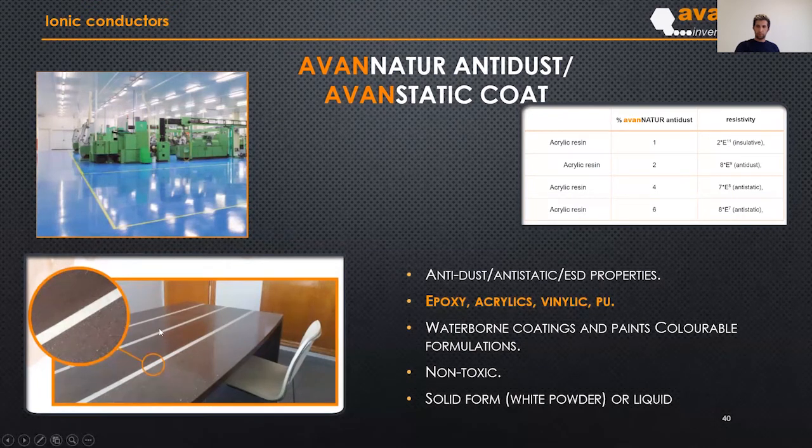Here is a table in which we painted 4 different lines. This one is without antistatic, this is without antistatic, this is without, and this is with. The idea is that after 1 month or after 10 weeks, the powder was accumulated in the part without anti-dust. This is important.